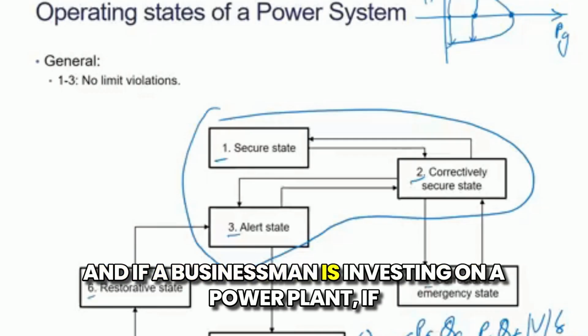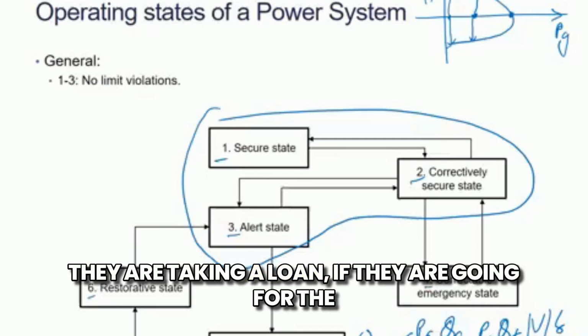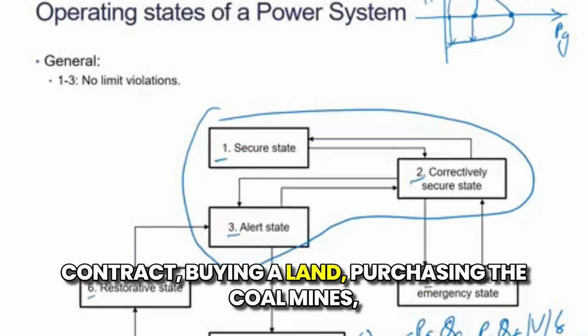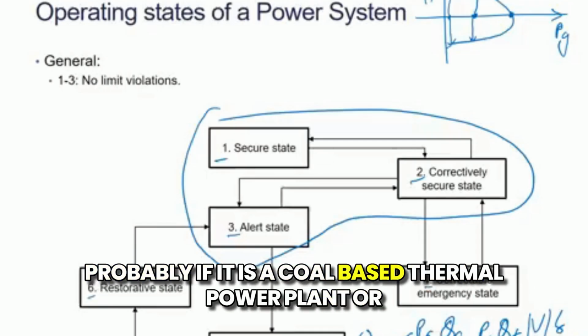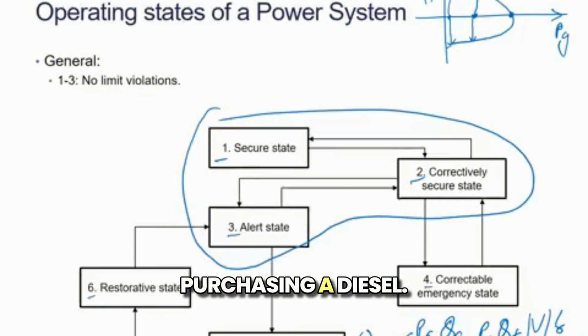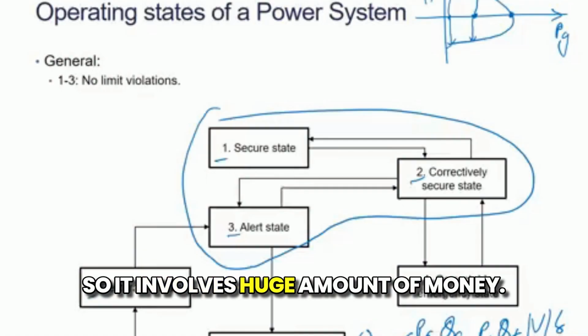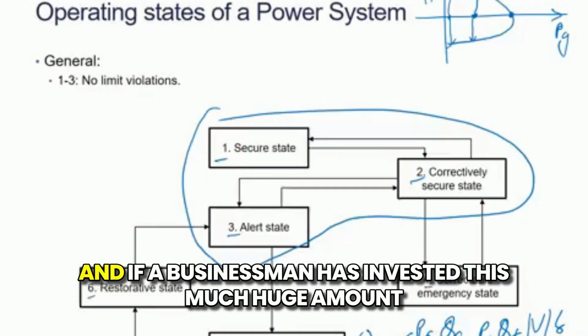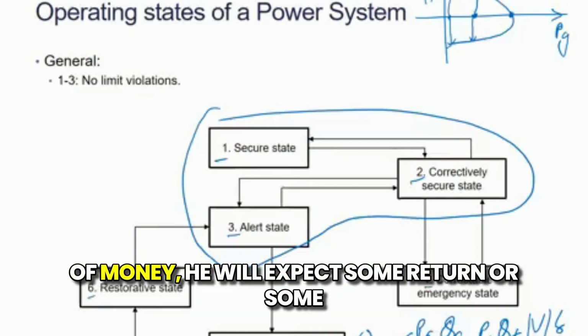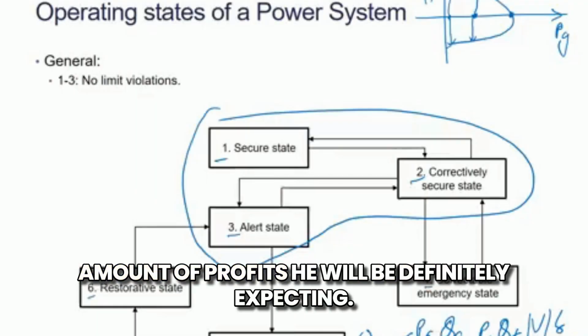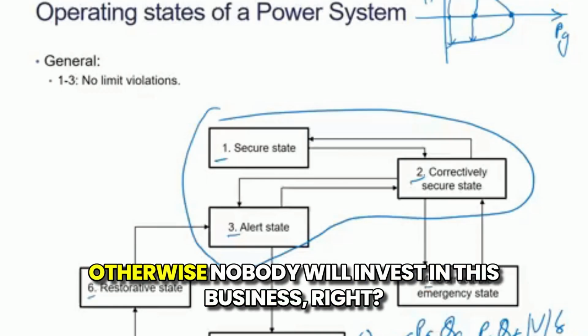If a businessman is investing in a power plant, taking a loan, going for the contract, buying land, purchasing coal mines if it is a coal-based thermal power plant, or purchasing diesel, it involves a huge amount of money. And if a businessman has invested this much money, he will expect some return or profit. Definitely, otherwise nobody will invest in this business, right?